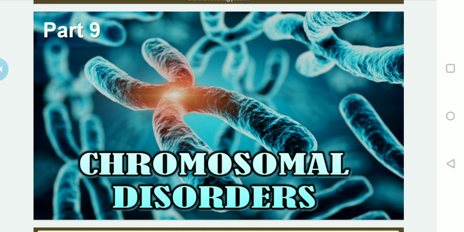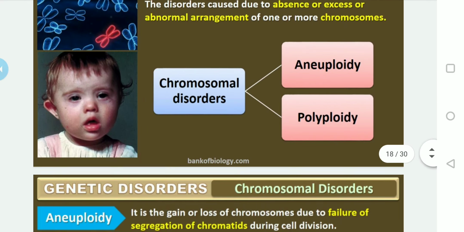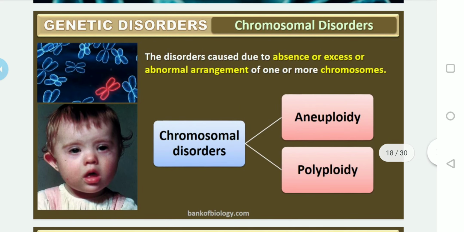In your syllabus, they have given only 3 types of disorders, that is Down syndrome, Klinefelter syndrome and Turner syndrome. Let's start the discussion with respect to chromosomal disorders. As I said, they are the disorders caused due to the absence, excess or abnormal arrangement of one or more chromosomes.